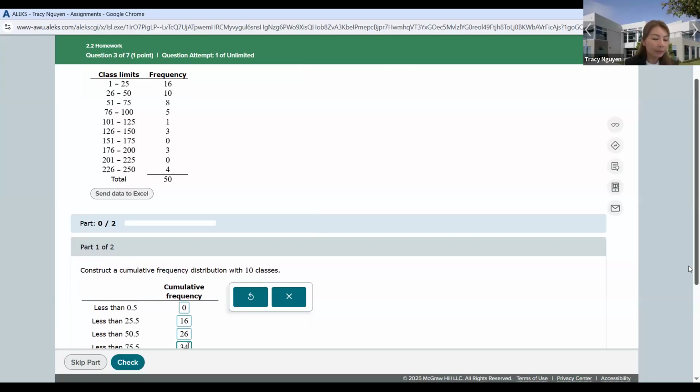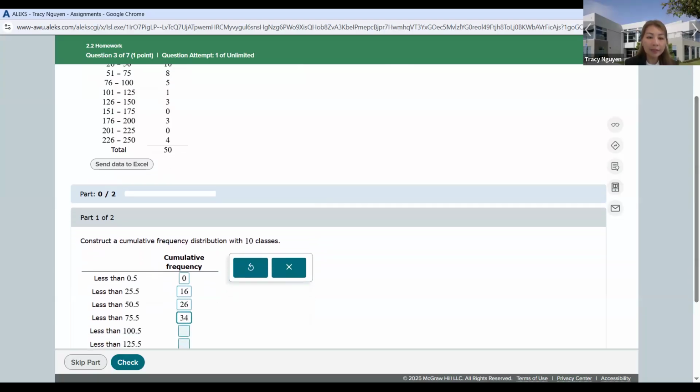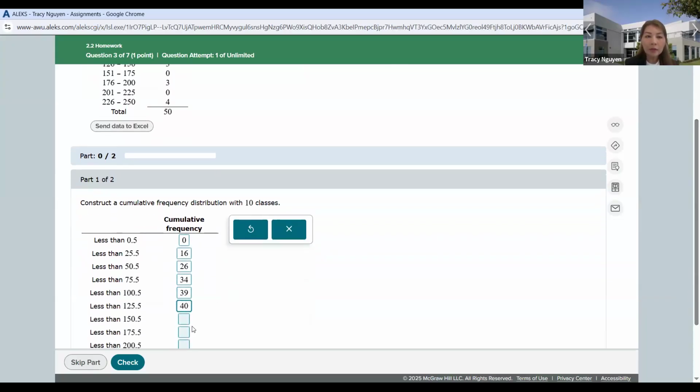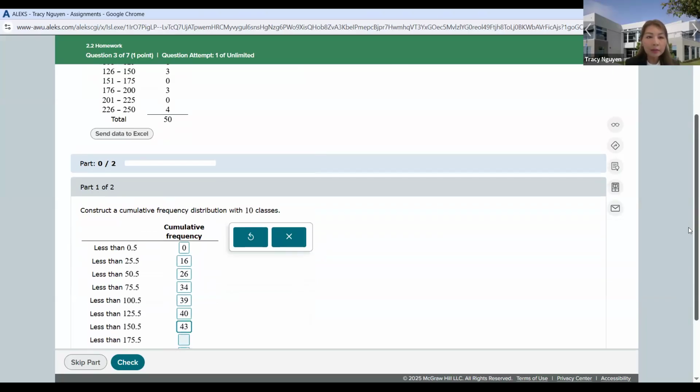34 added with 5, which is 39. 39 added with 1, we have 40. 40 added with 3, we have 43. 43, and after 43, we have 0, which we get 43 again.